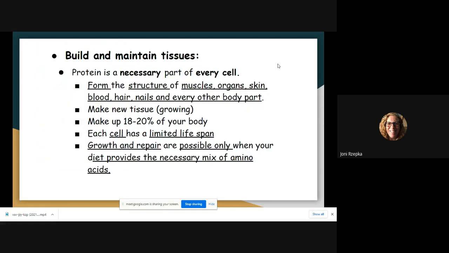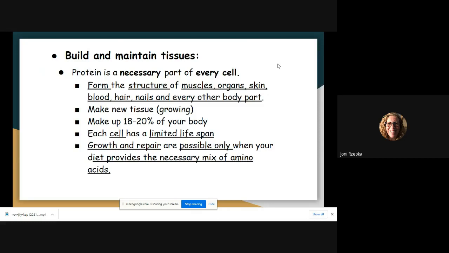Okay, so building and maintaining tissue. So protein is a necessary part of every cell. So it forms the structure of muscles, organs, skin, blood, hair, nails, and every other part of our body. It makes up new tissue. It makes up 18 to 20% of our body.